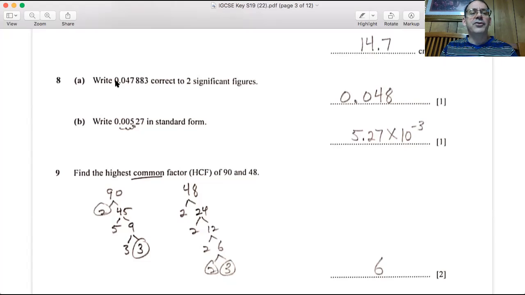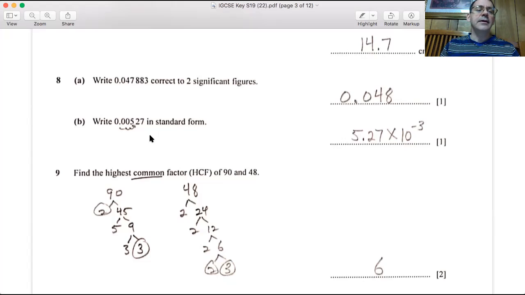So here we have zeros on the left. Those are not significant. So to go to two significant figures would be the 4 and the 7. But after the 7 is an 8. So that's going to round it up to 0.048 is our two significant figures.